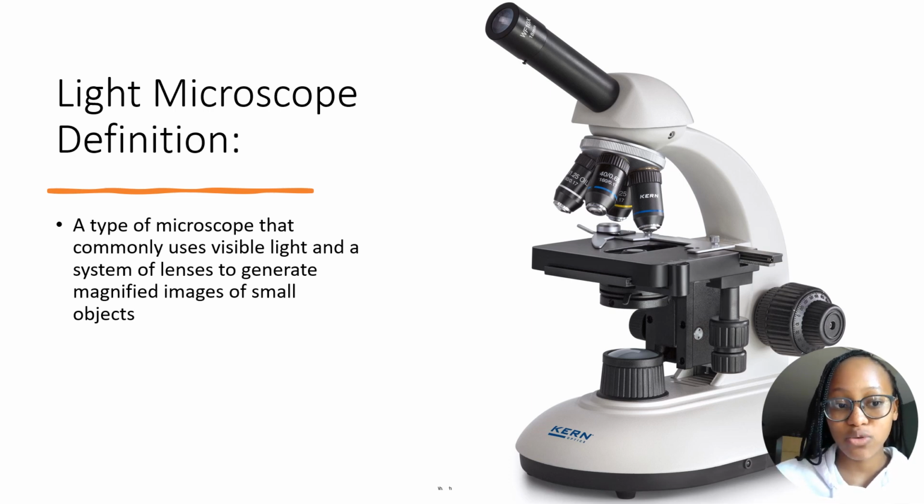Basically, a light microscope is used to magnify small objects so that we can see them. We know that we cannot see cells with our naked eyes, hence we use the aid of a microscope.